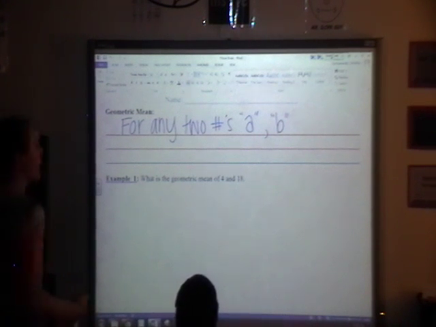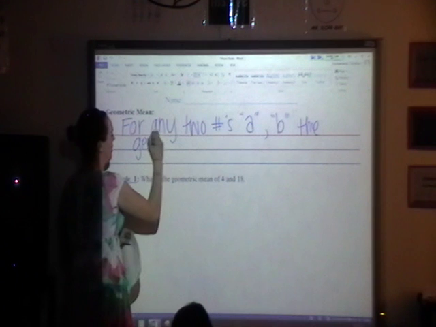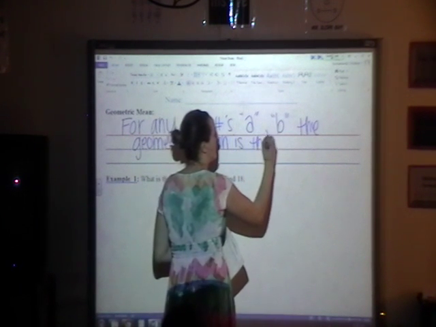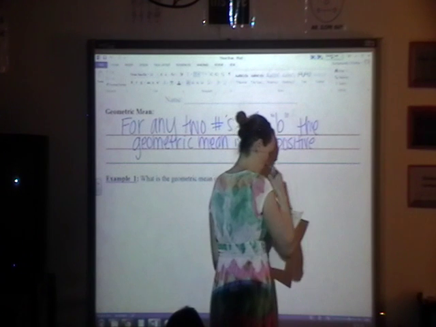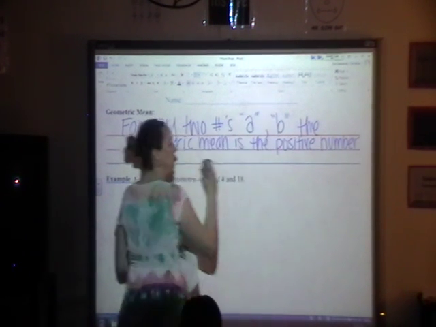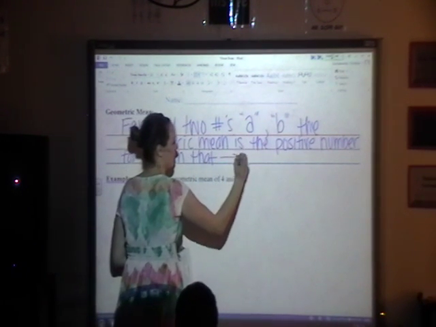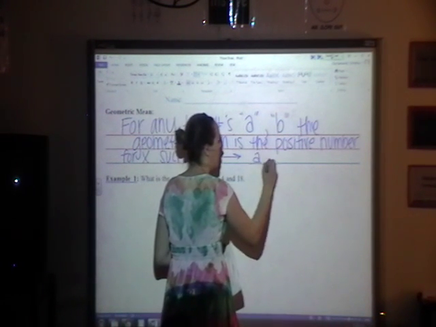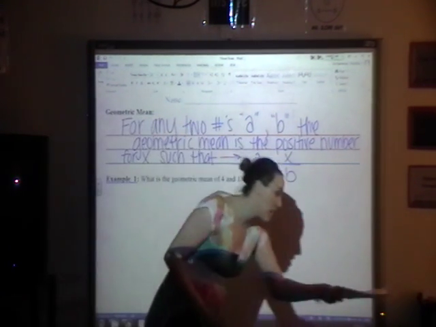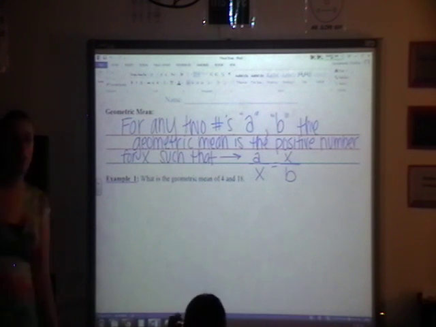So for any arbitrary numbers A and B, the geometric mean is the positive number x such that, here's our formula, A over x is x over B. What I call it is something over x equals x over something. So A over x is equal to x over B.